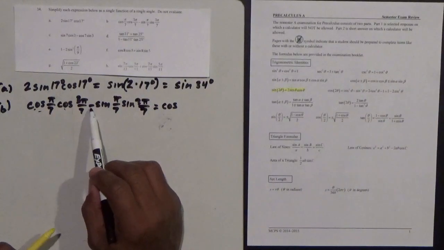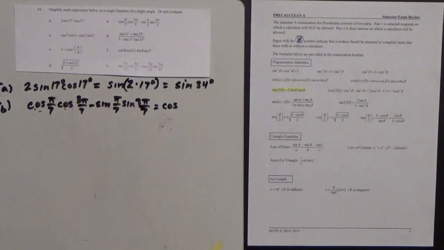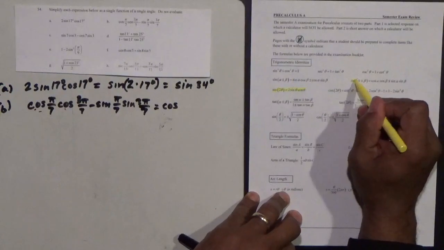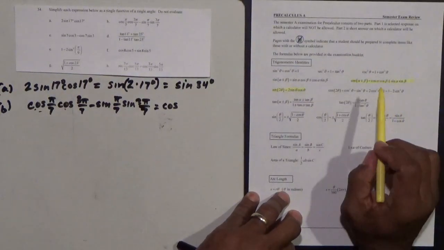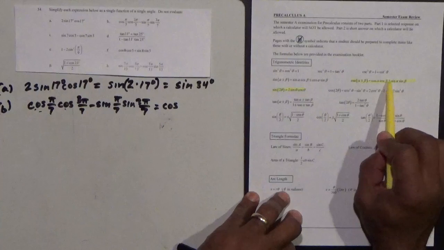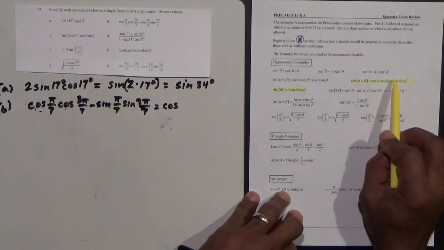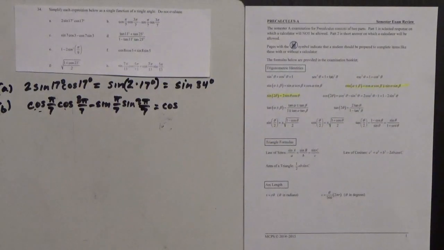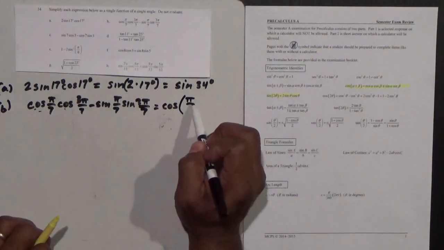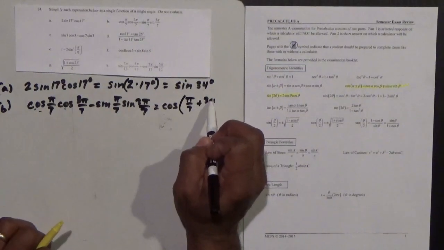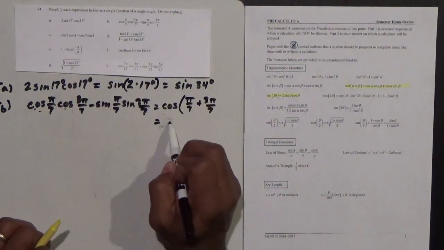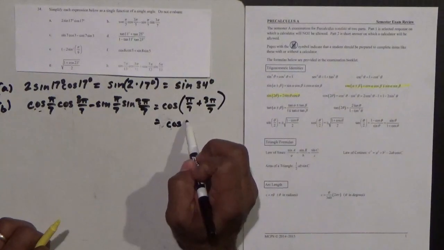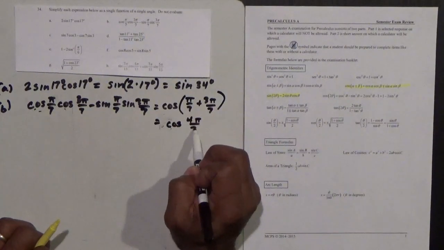And the sign is always opposite, so we're looking at this one right here, but it has a minus. If you read your formula sheet, the minus is on top, and that means that the plus is on top in the cosine. So we're adding here, and this becomes pi over 7 plus 3 pi over 7. All they want you to write is that this is equal to cosine 4 pi over 7.